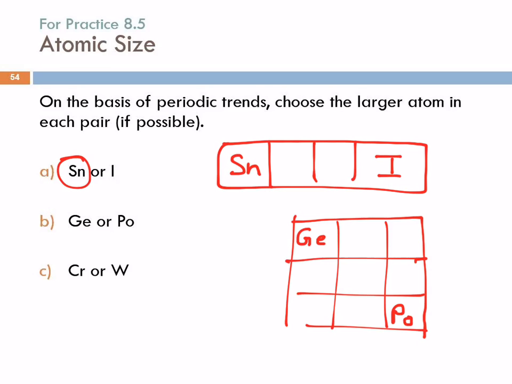Because as you're going down, the electrons are in larger and larger levels, right? 6s versus 4s. The sixth energy level is further from the nucleus than the fourth energy level. And the distance is a big factor in the attraction.